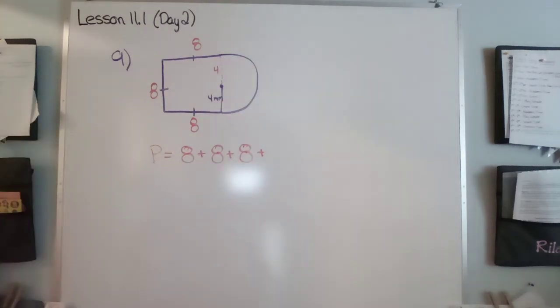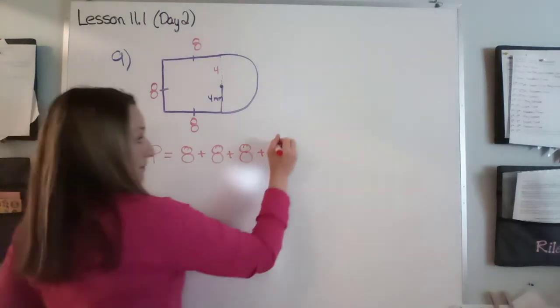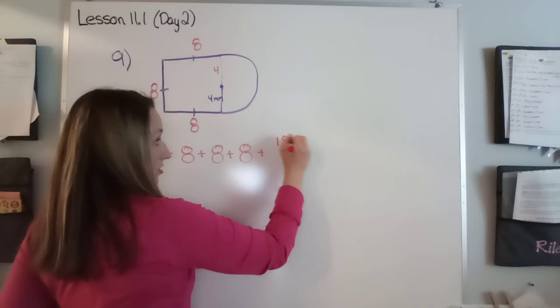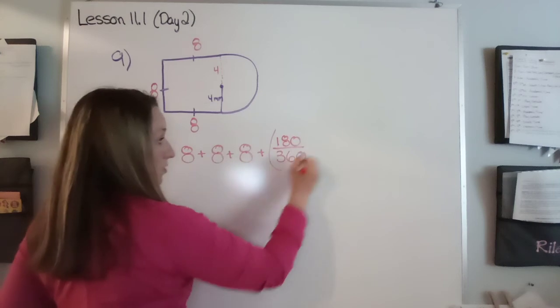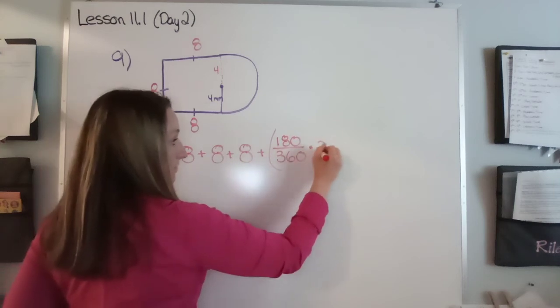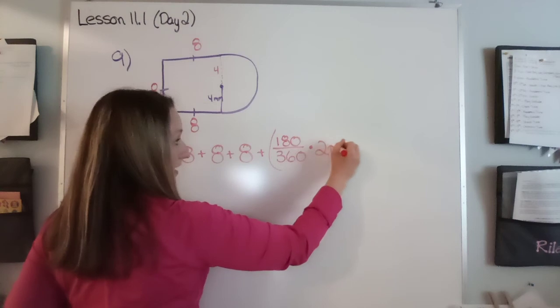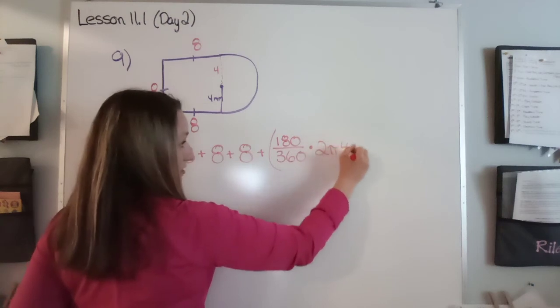Well, it's half of a circle, right? It's a semicircle. So, since it's a semicircle, that means the arc measure is 180 over 360. And then I'm going to multiply that by circumference, 2 times pi times r, which is 4.